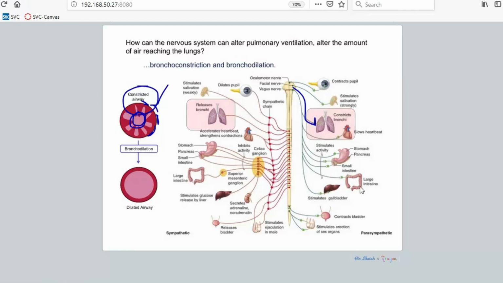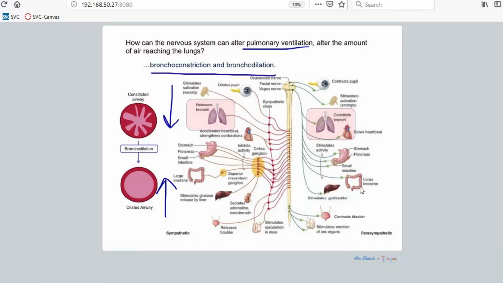Okay, so this is one way that we can alter pulmonary ventilation. Specifically, we can increase or decrease pulmonary ventilation simply by bronchoconstriction or bronchodilation.